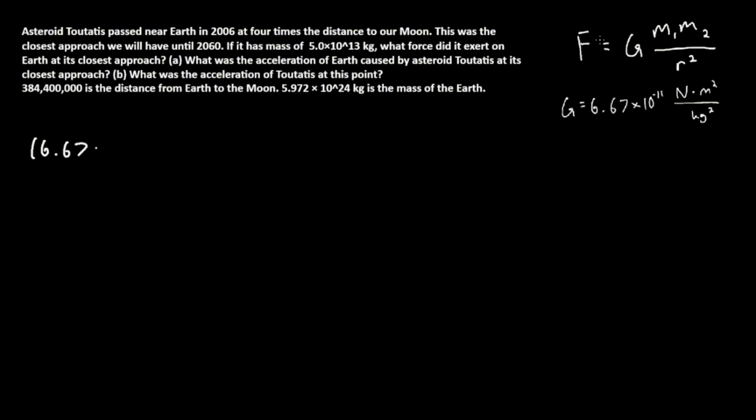So let's use the universal law of gravitation formula. As always, put down the gravitational constant, and we multiply the two masses of the objects. The mass of the Earth is 5.972 times 10 to the power of 24. We multiply this by the mass of the asteroid, which is 5 times 10 to the power of 13. And their distance is 4 times the distance to our moon, so we need to multiply 384,400,000 by 4.